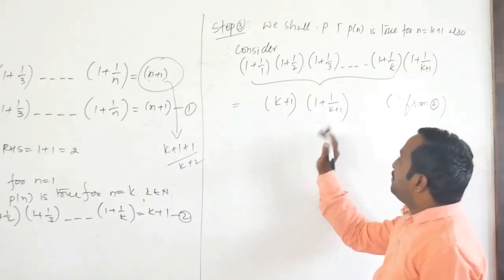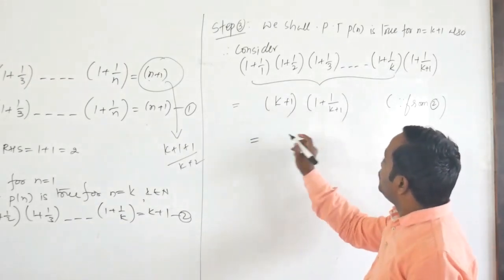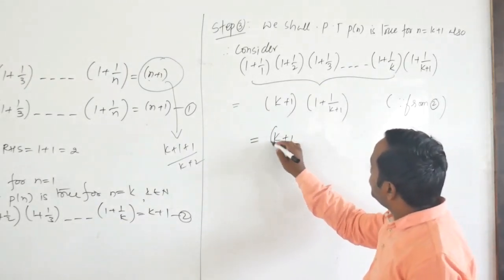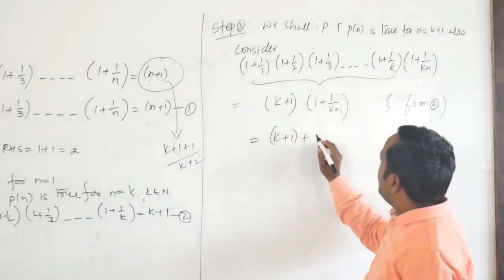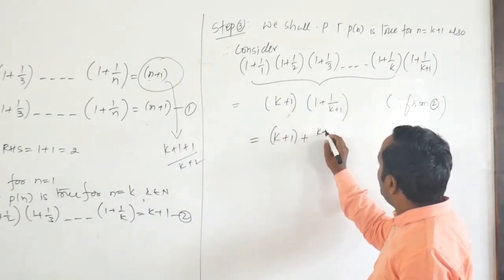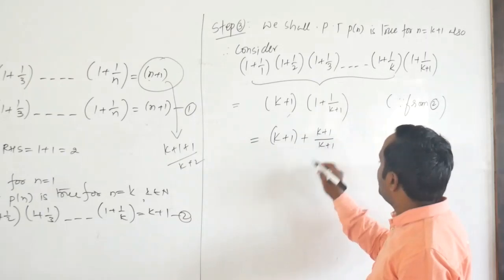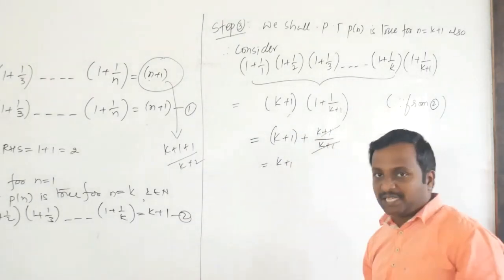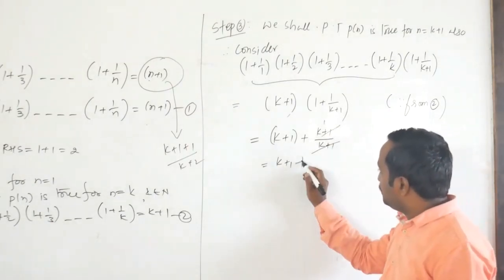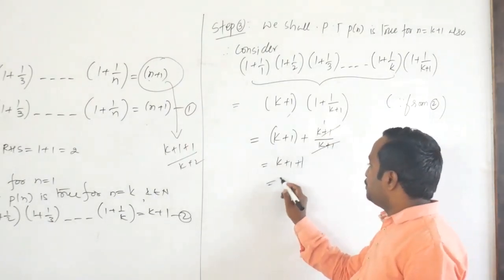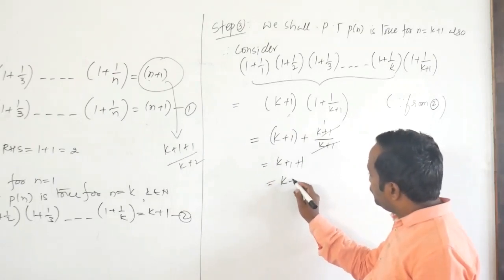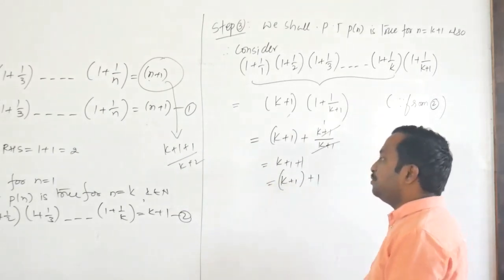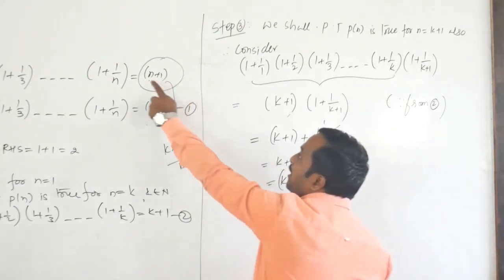So you can multiply k plus 1 into 1, plus k plus 1 into 1 by k plus 1. So what happened? k plus 1 and k plus 1 get cancelled, 1 remains, plus 1. So plus 1 plus 1, so we can write k plus 1 plus 1. So it is nothing but n plus 1.